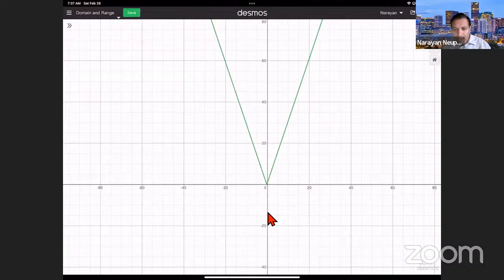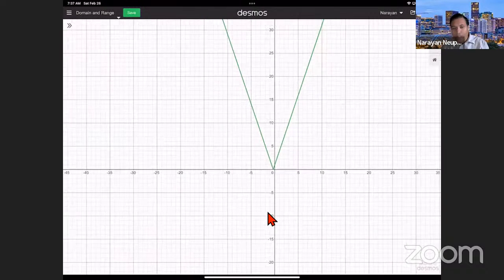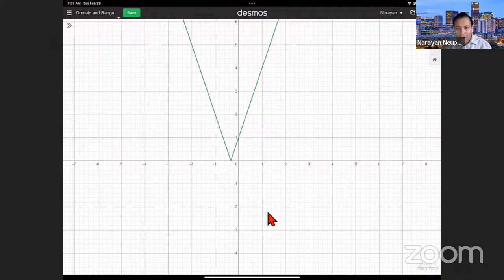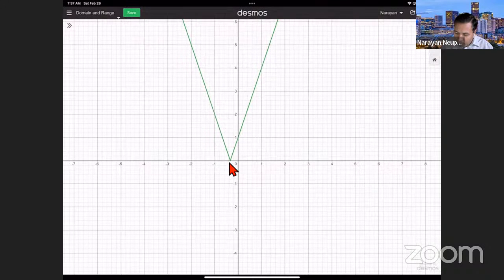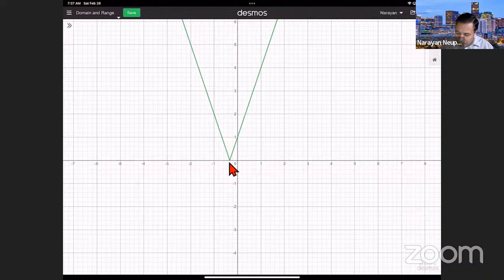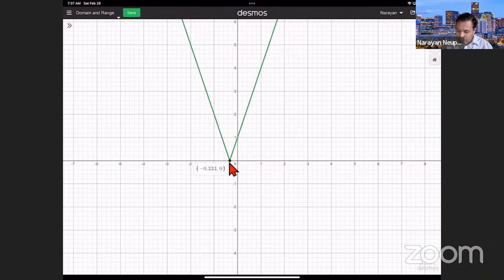This is the graph of the absolute value function. The function has 3x plus 1. If there is +1, the graph is shifted to the left. So instead of starting at 0, it is starting a bit to the left, not exactly at 1 because there is a factor of 3. It is at negative 1/3 comma 0, about -0.333.